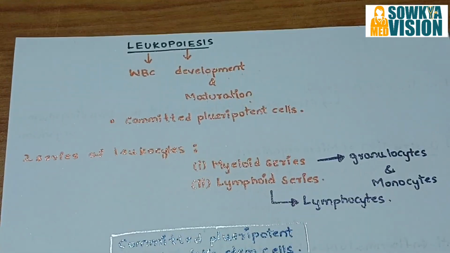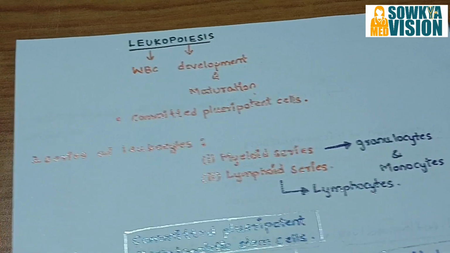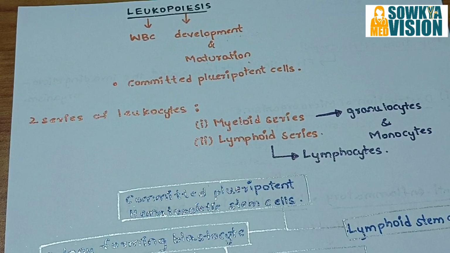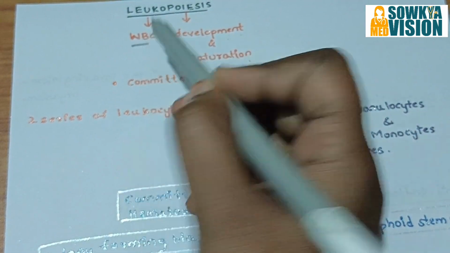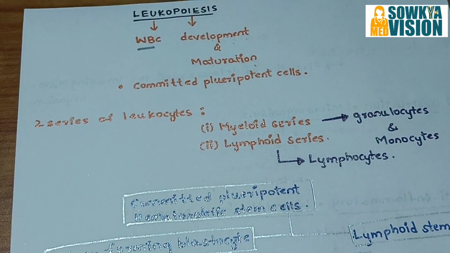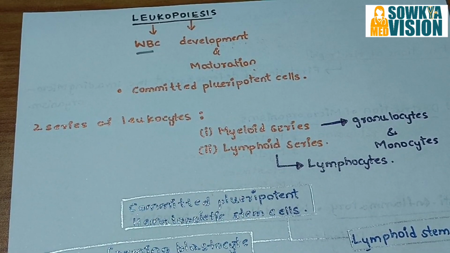Now let's see the process of synthesis of WBC, leukocytes. The process or method of maturation and development of the WBC is known as leucopoiesis. Leuco means what? White. And poiesis means a process of development, maturation.